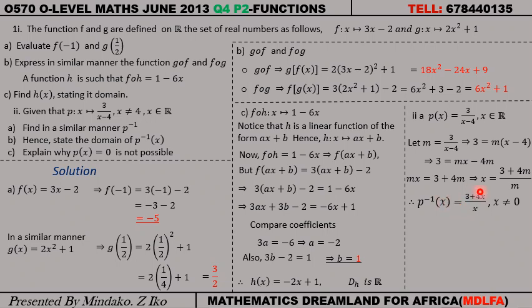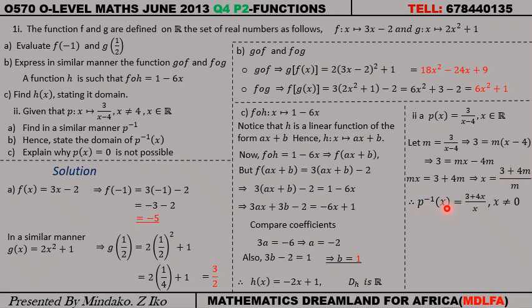So what do you notice? When you assign that variable, and you successfully make x the subject, you put x back where you assigned that variable. It means you are going to put x back in the inverse of the function.